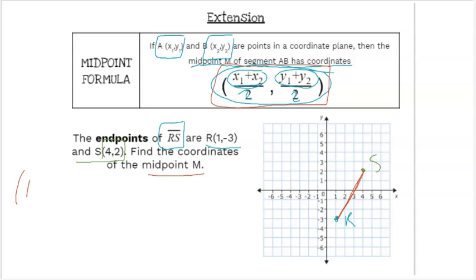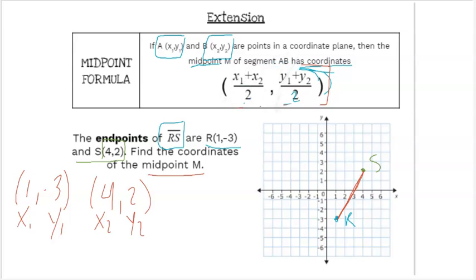So we have coordinate points 1, -3 for R, and 4, 2. The first step would be labeling those points: x1, y1, x2, y2. And now we want to plug those into our formula. The formula is the sum of our x values, so x1 is 1, plus x2 is 4.